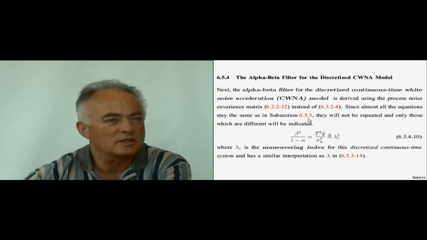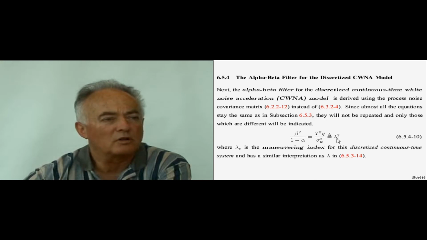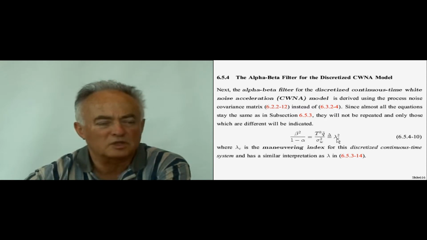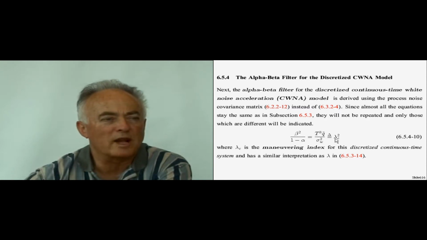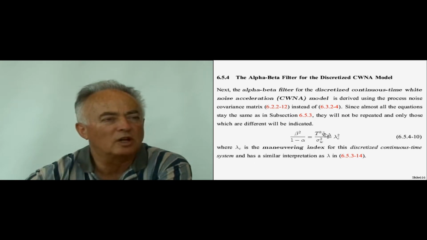All the equations are the same, and the only difference is the lambda square, the maneuvering index, which is a slightly different expression. So it's denoted by lambda c, the continuous time situation maneuvering index, is the square root of q tilde T cubed over sigma w square.